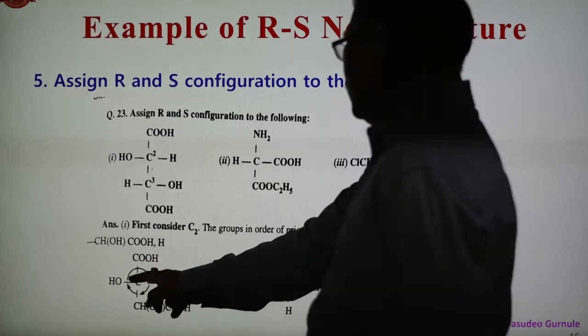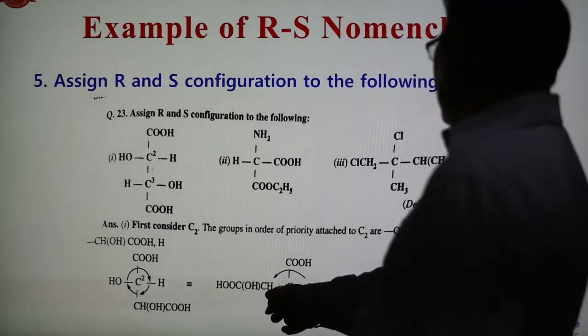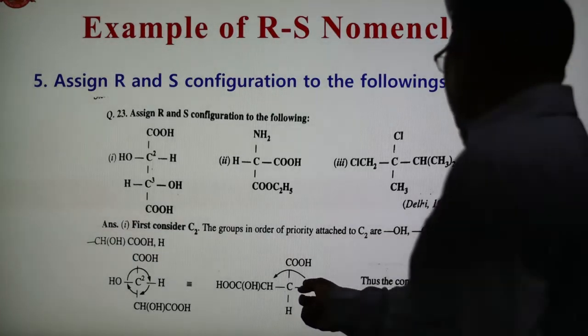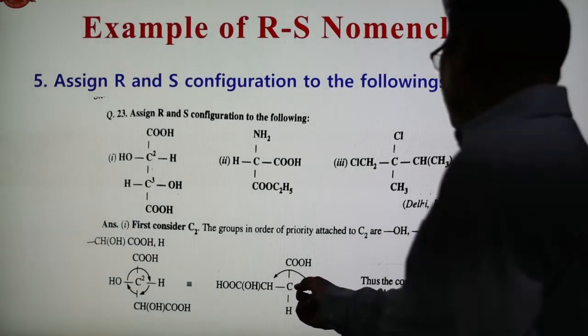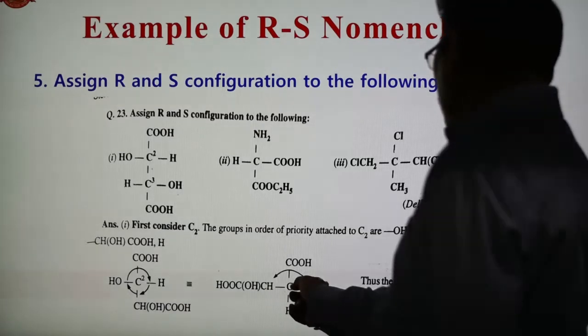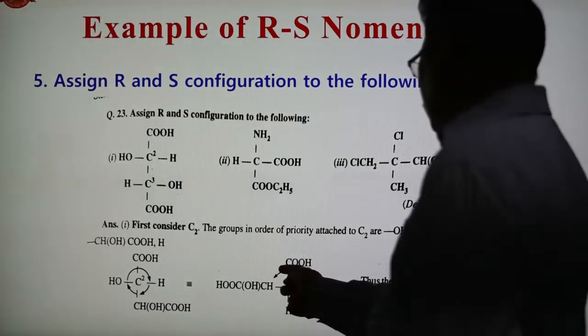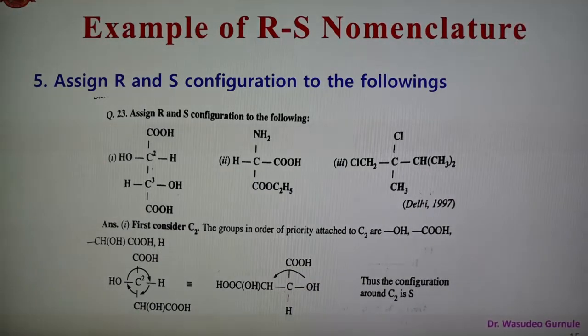This is shown in this way, and equivalent to this. So for C2, after rearranging here, 1, then this 2, then 3. So 1, 2, 3 in this way, anti-clockwise. So the configuration around C2 is S, sinister, anti-clockwise.